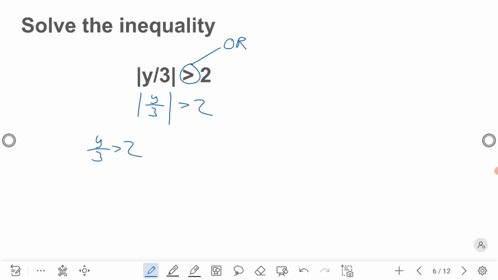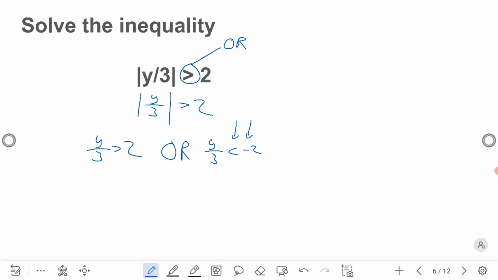I just rewrite it without the absolute value. Or y divided by 3, and I have to switch the inequality symbol and the sign of the number. So we switched the inequality symbol and made the number the opposite.